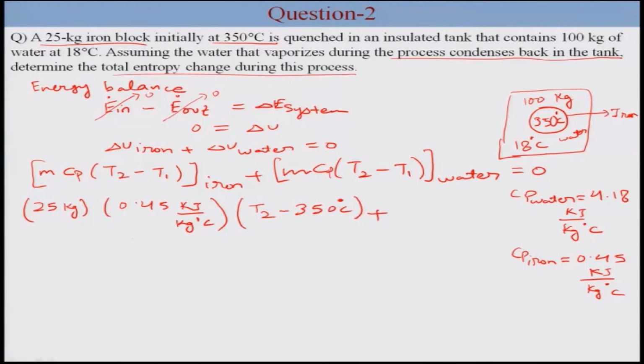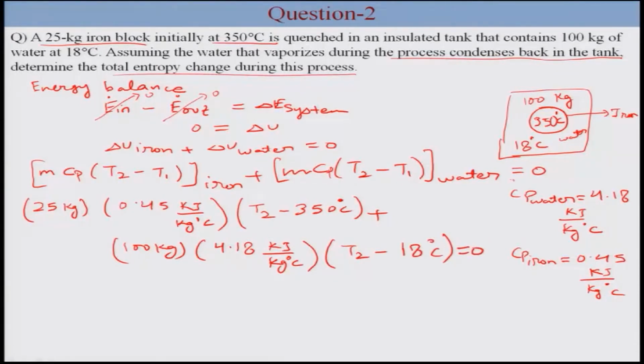Similarly, for water, mass is 100 kg, Cp is 4.18 kilojoule per kg degree Celsius, and T2 is unknown minus T1 is 18 degrees Celsius, and this whole is equal to 0. So, from this equation we get T2 is equal to 26.7 degrees Celsius.